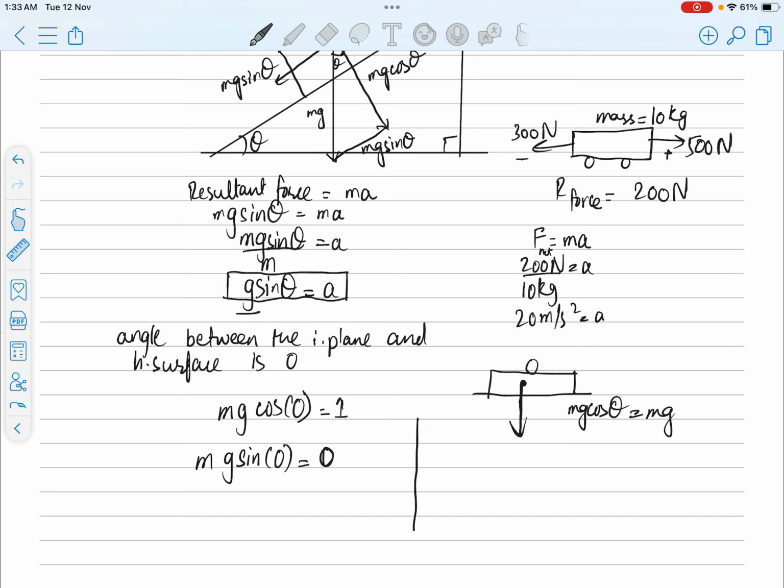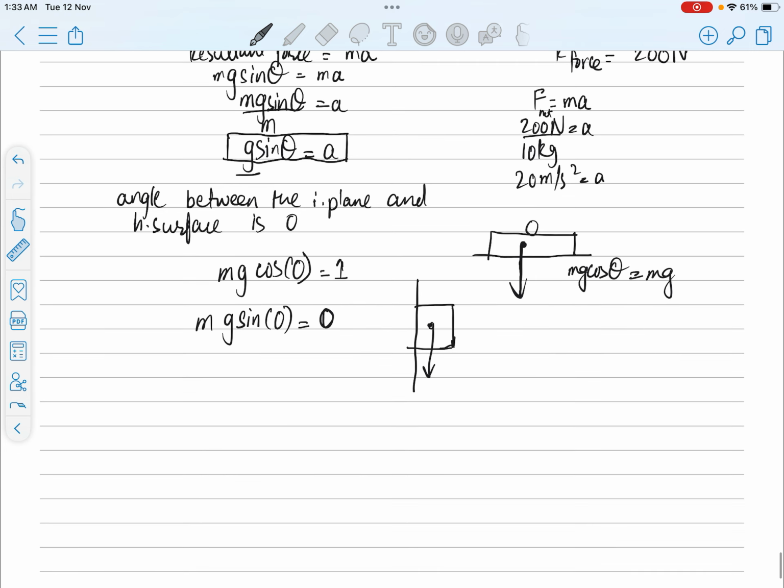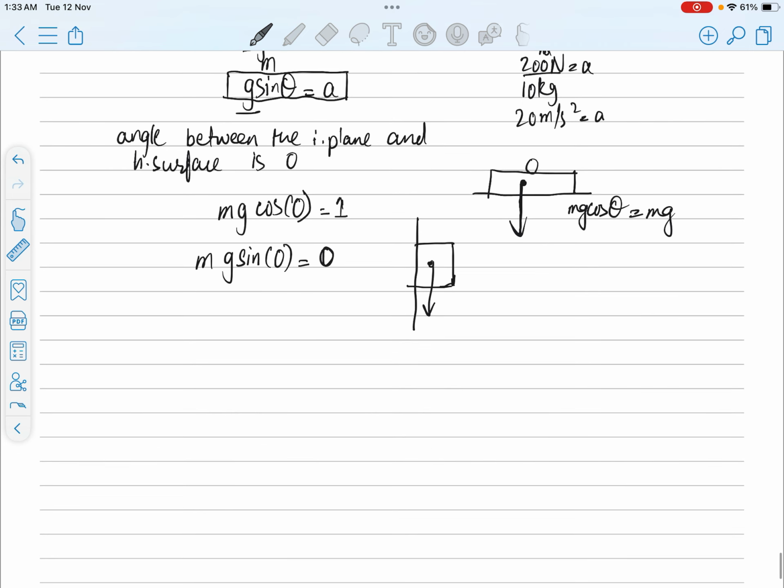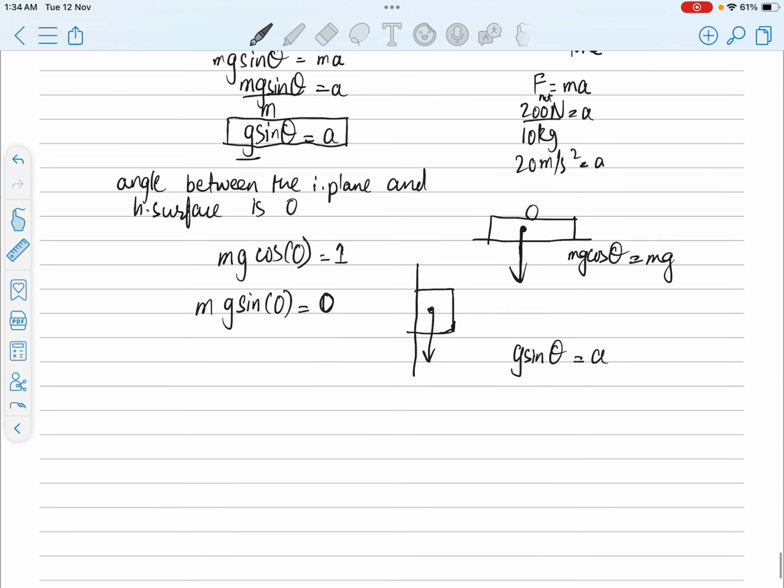But if the body is on a plane which is 90 degrees, weight is still going to act downward. If we plug g sine theta in as the formula of acceleration over here, g sine 90 is your acceleration.